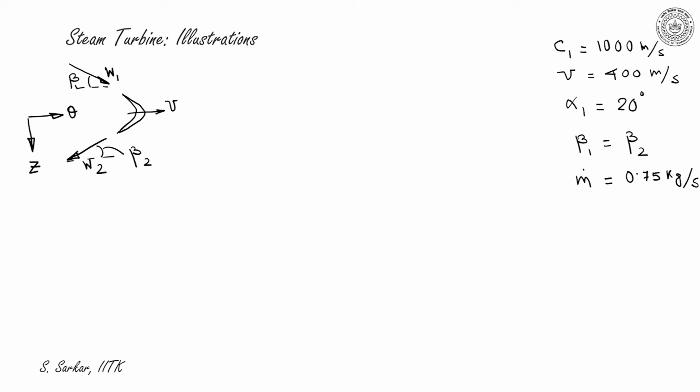Now let me draw the velocity triangle. So this is u, blade speed. W1 be the inlet relative velocity to the rotor, W1, and U would result in C1.